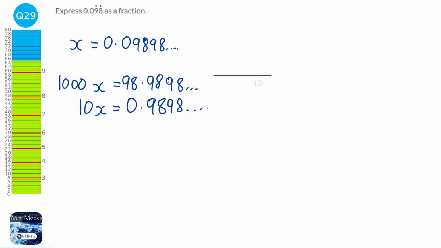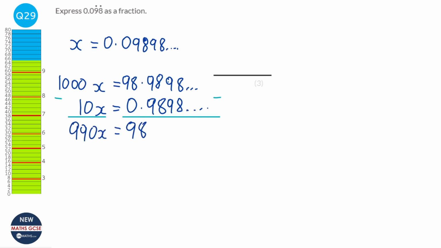And we can see here, if we subtract these now, so we subtract the left and the right hand side. On the left hand side, 1000x take away 10x would be 990x. And on the right hand side, we're actually just going to get rid of the repeating pattern. So that would just equal 98. And then we want to solve.